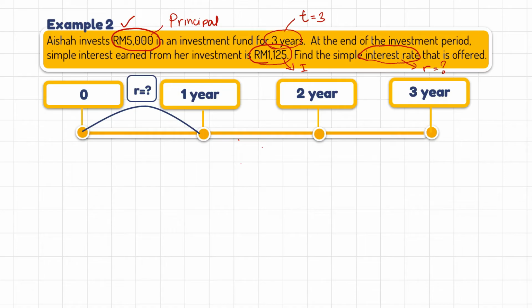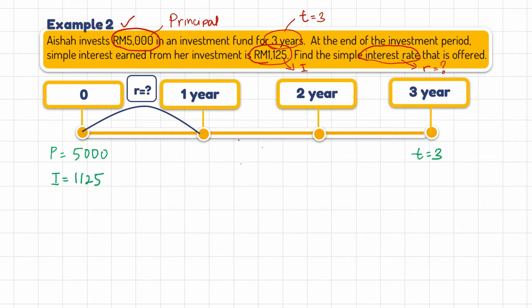Now, let's put all the information that we have on the timeline. So here we will write such that on today, which is 0, P equals to 5,000 ringgit. Then we have T, which is equals to 3. Then we have our capital letter I, which is 1,125.